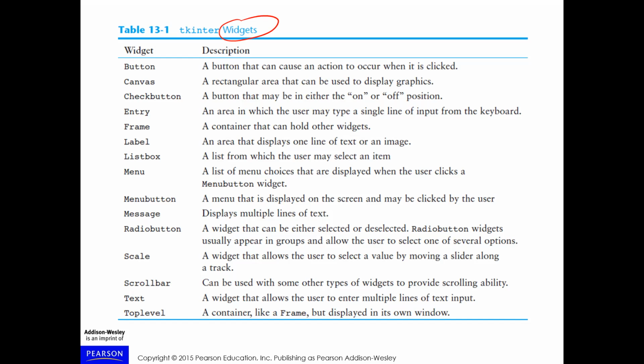The ones that we can see here: a button; a canvas, which is a rectangular area that can be used to display graphics; a check button; an entry, an area in which the user may type a single line of input; a frame, which is a container that can hold other widgets; labels, list box, a menu button, radio, and a message; a scale, a widget that allows a user to select a value by moving a slider; scroll bars; and text, where you can enter multiple lines of text input, and so on.